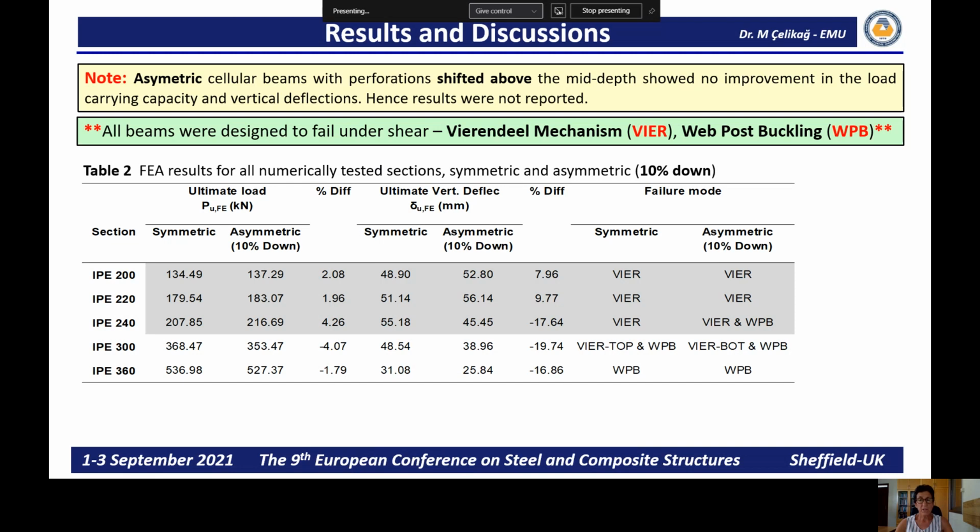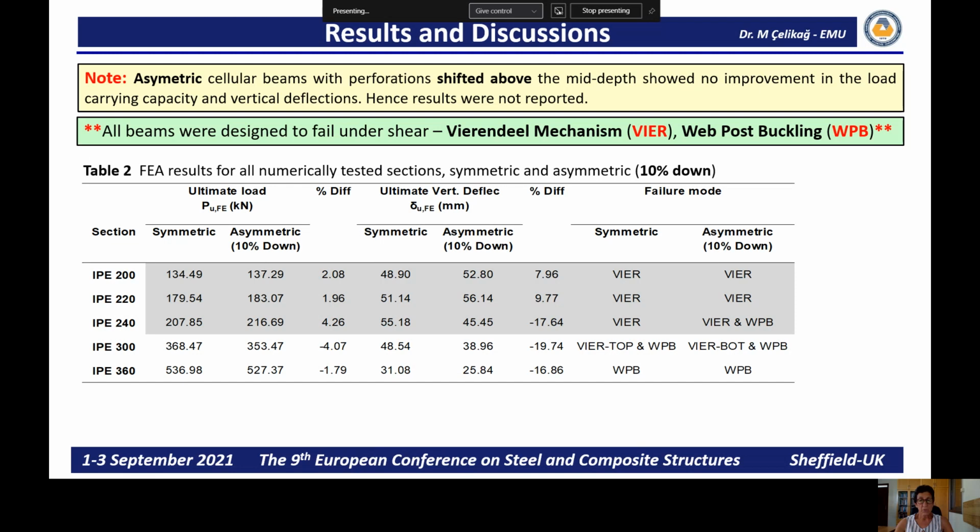As for the vertical deflection and failure mode, for IP 200 and 240, asymmetric sections had higher deflection and all sections had the expected Vierendeel failure mode. Whilst for IP 240 to 360, asymmetric sections had lower vertical deflection than symmetric ones and the failure mode varies.